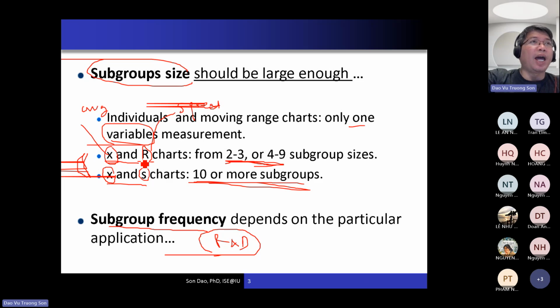Okay, so instead of having only one chart and having a larger subgroup size, we can have a much smaller subgroup size, but we have to get more measurements from those. This means we use two different kinds of charts at the same time.